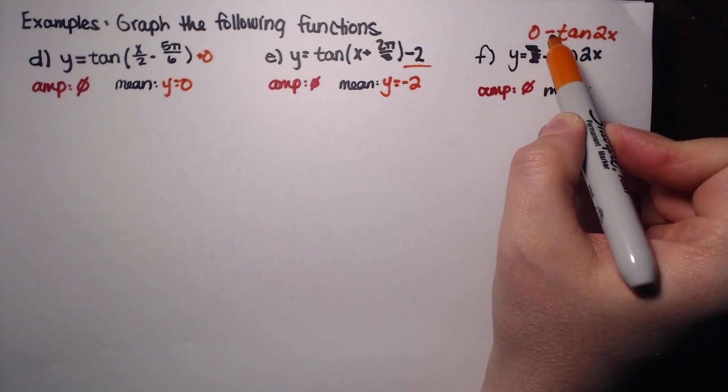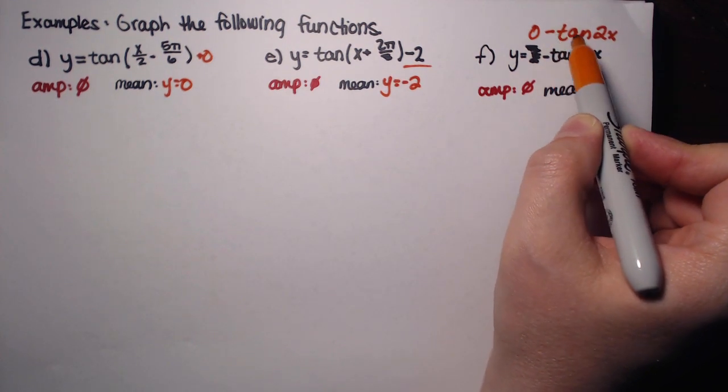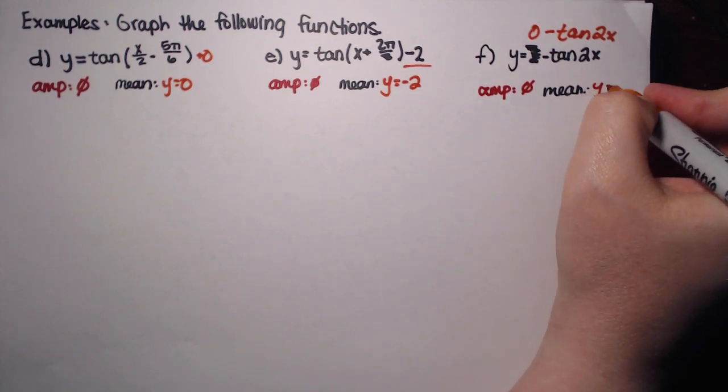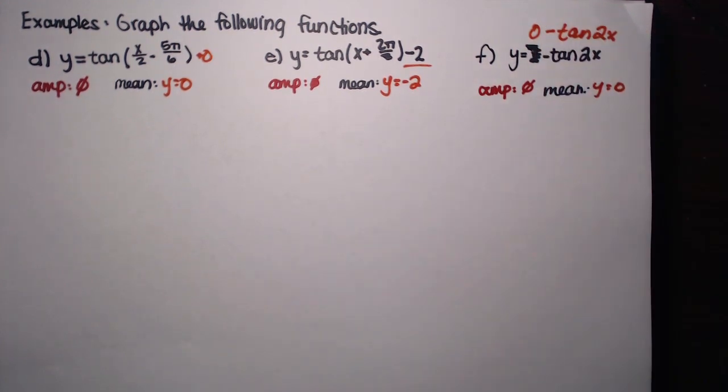The number in front is still -1 because it's in front of what's multiplying the tangent. This is still the mean because that's what's being added or subtracted.